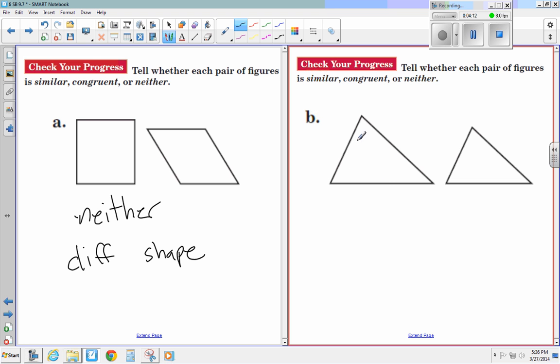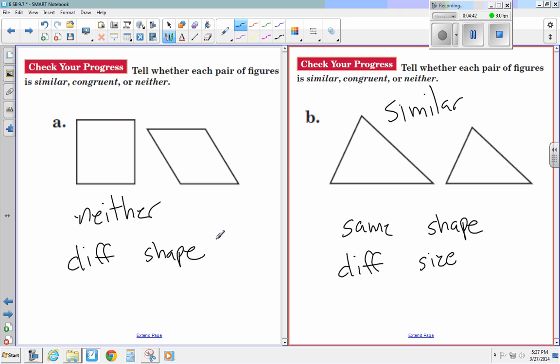Now it's very hard sometimes to see if they are similar or congruent, but hopefully you see that this one and this one are the same shape but different sizes. So when they're the same shape but different sizes, you're dealing with something that is similar but not congruent.